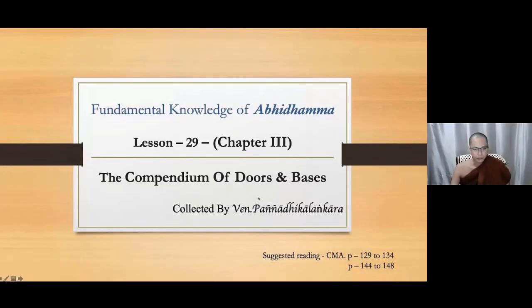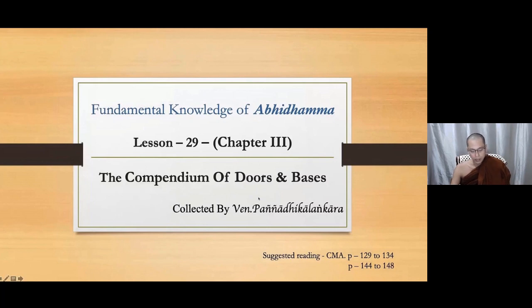Okay, welcome to the Abhidhamma study of Chapter 3 of the Comprehensive Manual of Abhidhamma, about the six compendia. In this lesson 29, we are going to study the compendium of doors and the compendium of bases.